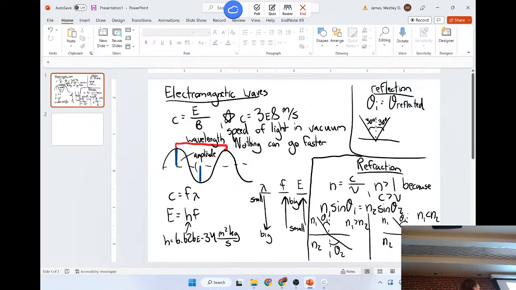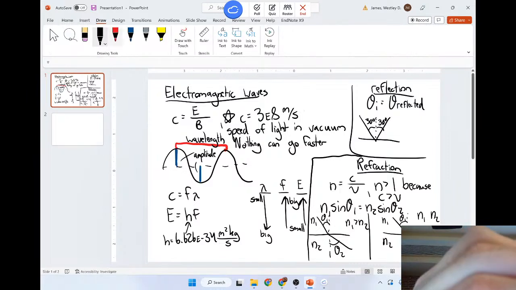Oftentimes in Physics 2 classes, optics is just tacked on in the last week and crammed in there, and we don't really spend any time on it because we don't have time for it. But I'm really pleased with how it's turned out this semester and that we've been able to actually learn a little bit about optics. We did not cover lasers at all.